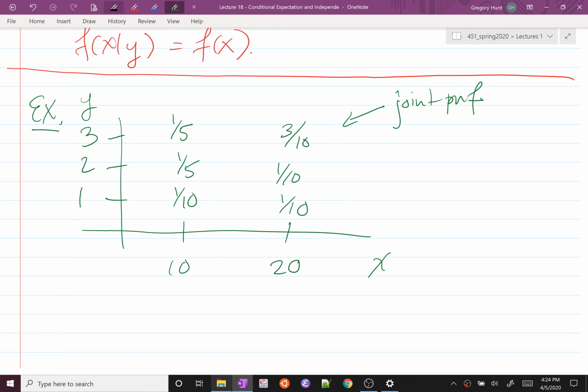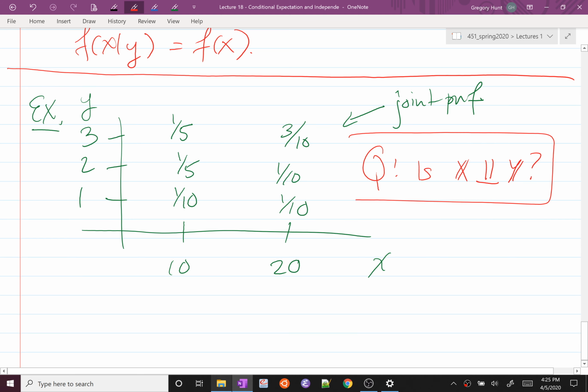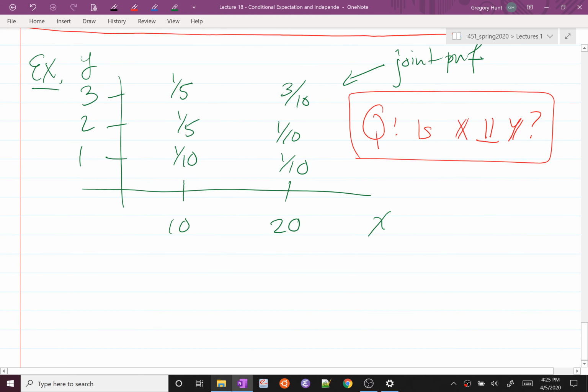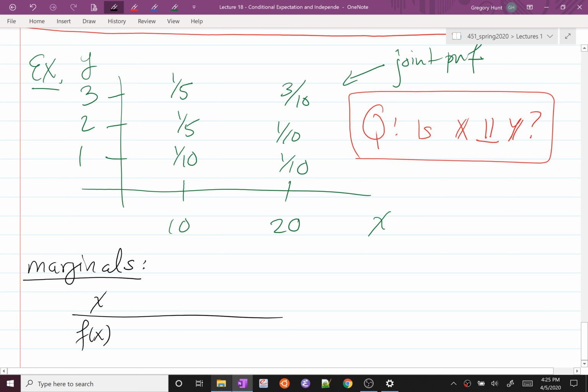And the question I want to answer here is, is x independent of y? So how do I check that? Well, I could get the marginals and see if the joint is the product of the marginals for every possible value. So let's look at marginals. The marginal of x: I can write x and f of x.